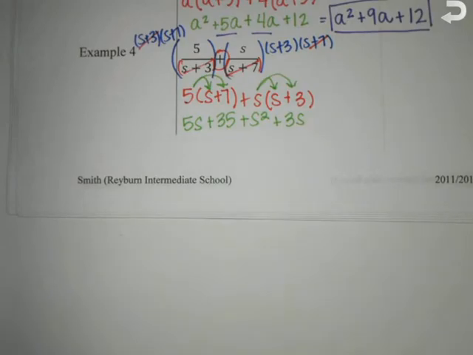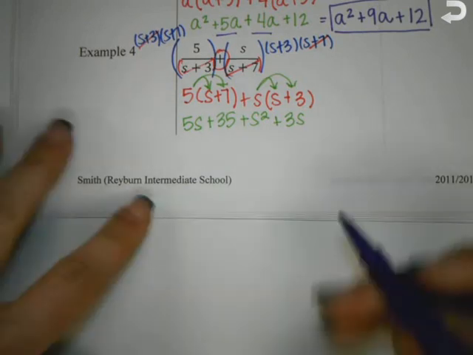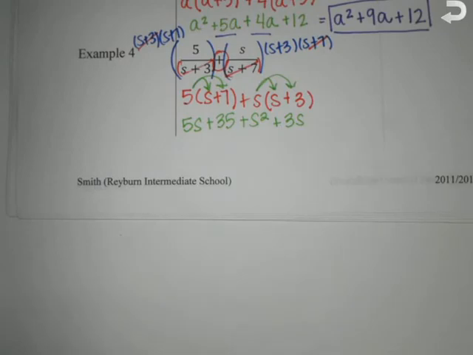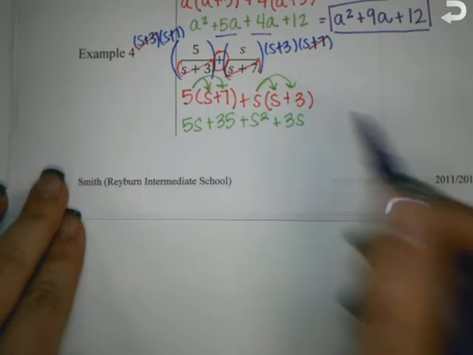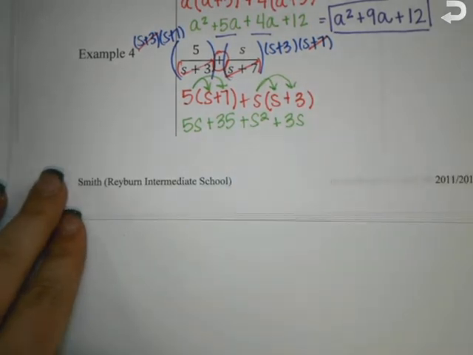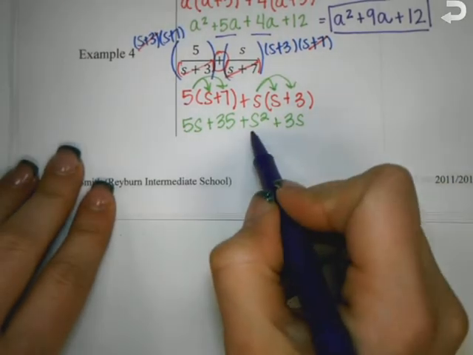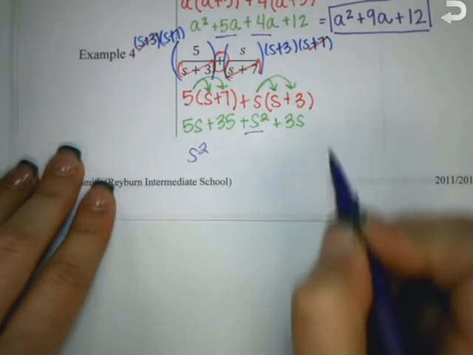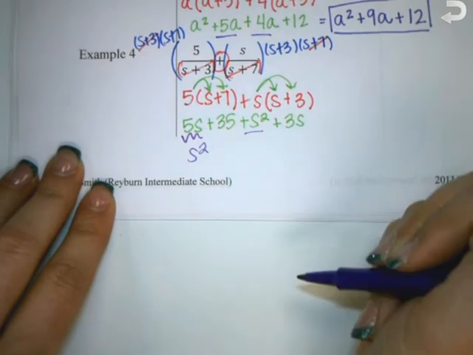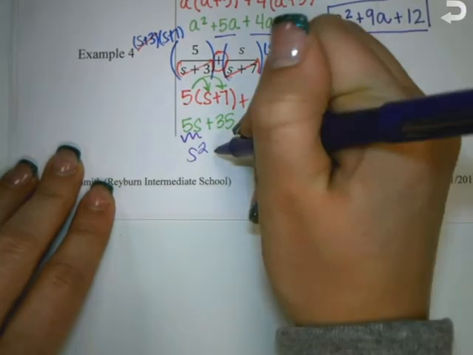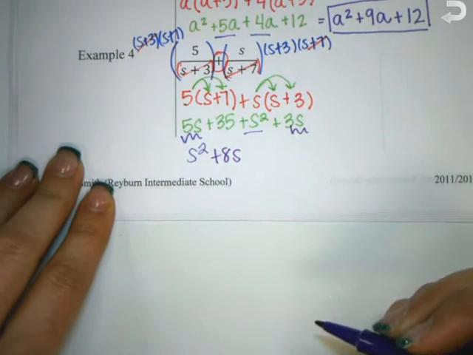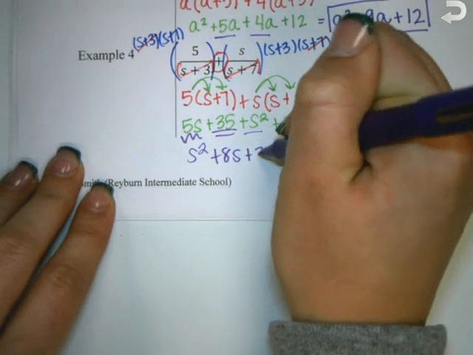I also need to put everything in order from biggest to smallest. So what's going to come first? S squared. Plus 5S plus 3S gives me plus 8S plus 35. Good. Okay, guys.